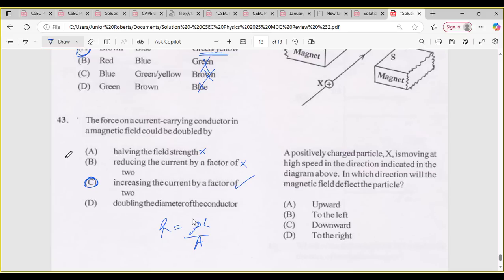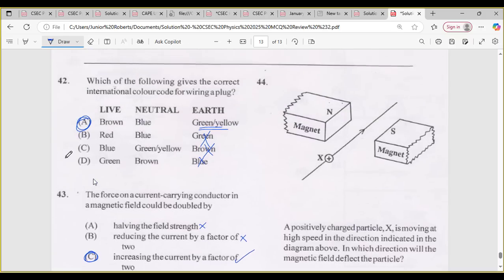A is pi r squared. Oh no, so no. Doubling the diameter will not cause the resistance to be reduced by a half, because again, it's the area, right? Not the circumference. So C is our correct answer for 43.